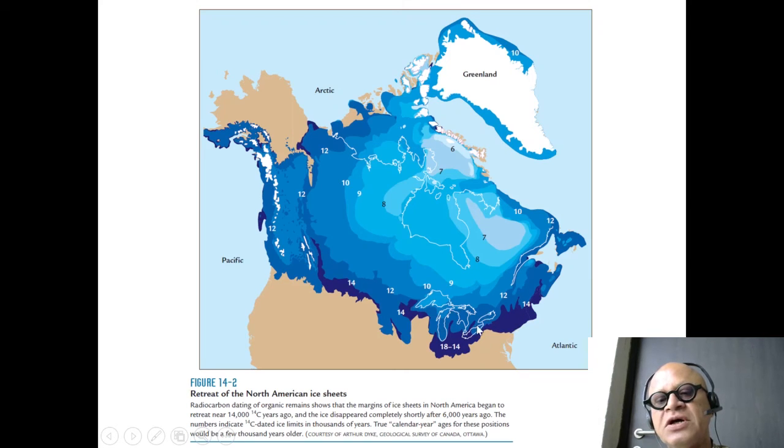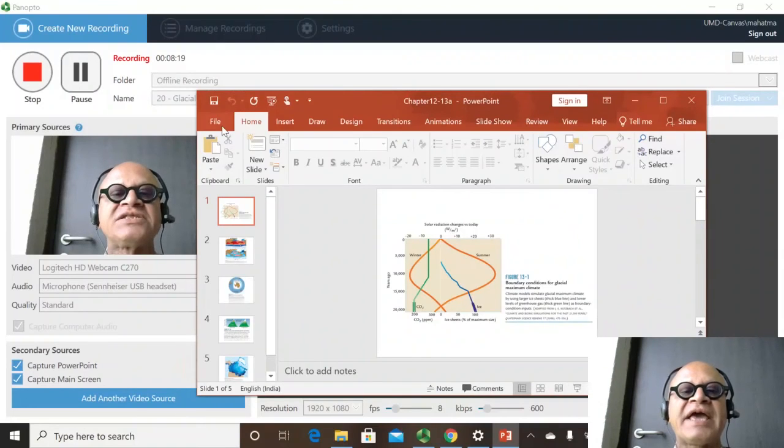And all these Great Lakes that exist now were basically carved out by the glacier, and then they were filled by the glacial melt as the glaciers retreated from 18,000 years ago, 14, 12, 10, 9, and so on down to 6, all the way here. Obviously Greenland still remains glaciated, but its extent was much larger during the last glacial maximum.